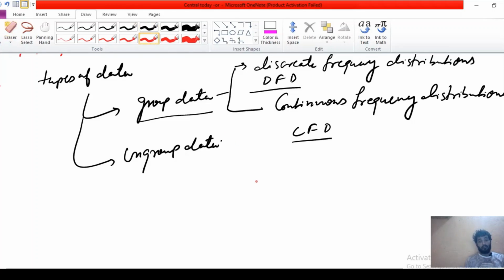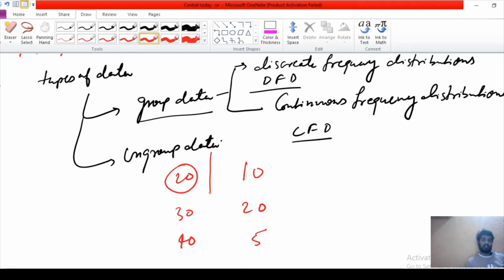If we write in tabular form, we can say 10 boys have 20 marks each, and suppose 20 students have 30 marks each, and 5 students have 40 marks each.